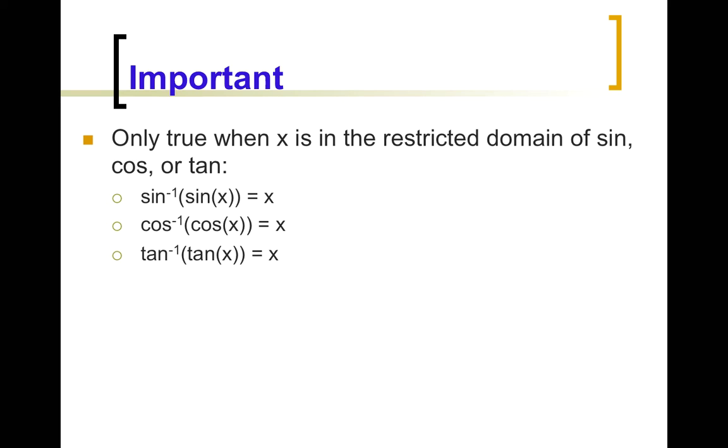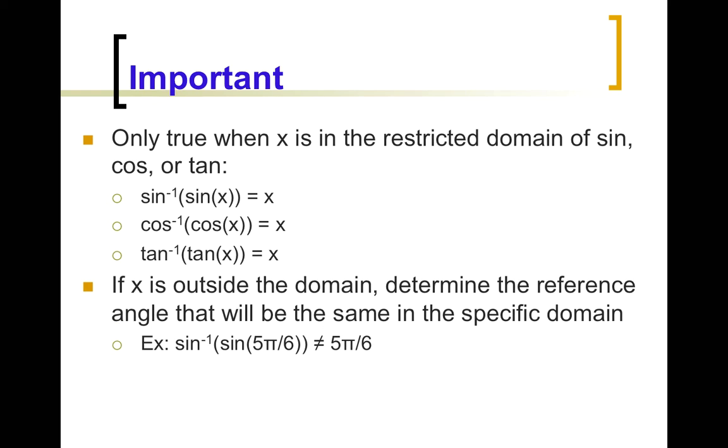That being said, it has to be something along the lines of this. If x is outside your domain, remember the restricted domain for sine x is negative pi halves to pi halves. So I can't say this right here. I'll just do this example here.